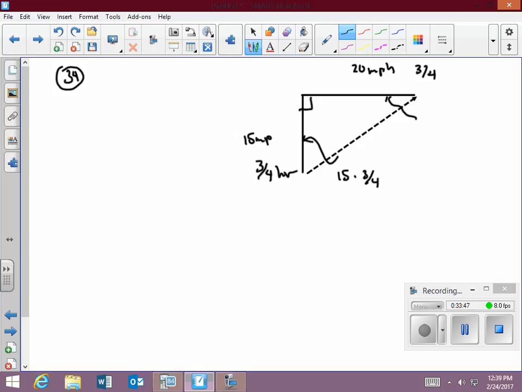And then the distance there is 20. Now this one is 15 miles, right? This one doesn't come out so nice. And then that distance across there, I'll just call this one H, is going to be the square root of the 15 times 3/4 quantity squared plus 15 squared.